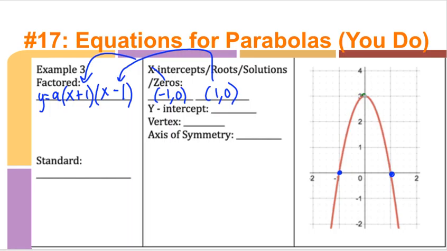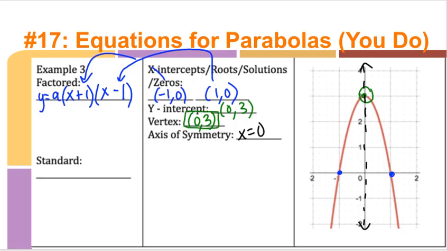Okay, my y-intercept is (0, 3), which again is also my vertex. And my axis of symmetry is x equals 0. So if I want to find a, again I want to substitute either the vertex or the y-intercept.